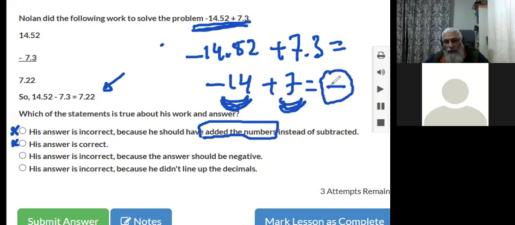So the sign will be the same sign as the larger absolute value, which is negative. So his answer is incorrect because the answer should be negative. He did this positive, so this is not correct. His answer is incorrect because he didn't line up. This is the answer.